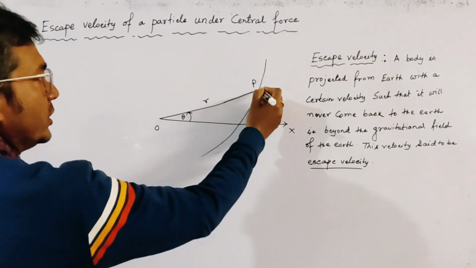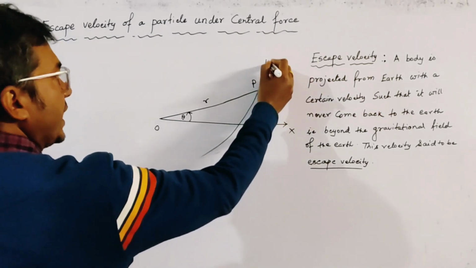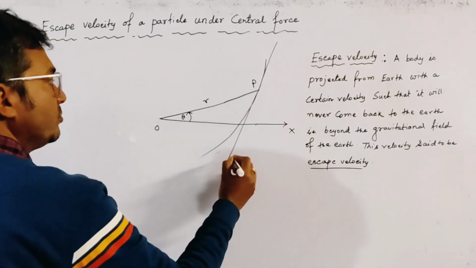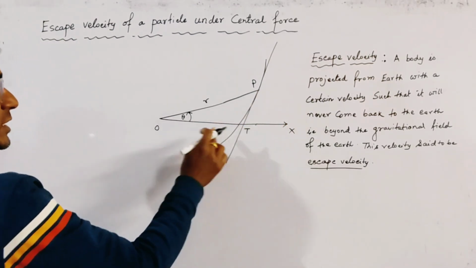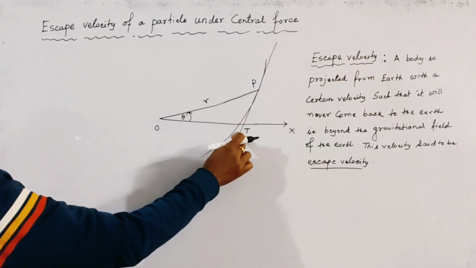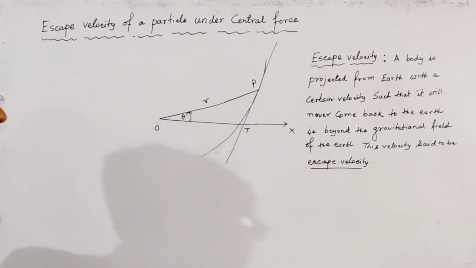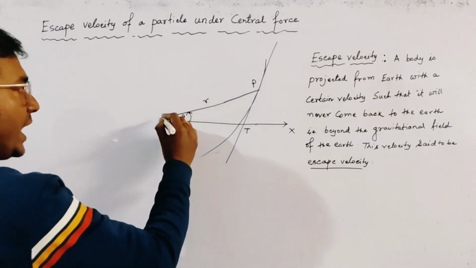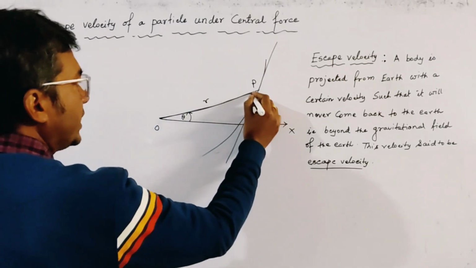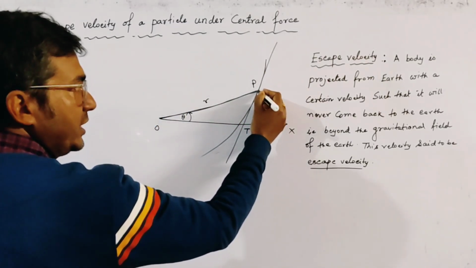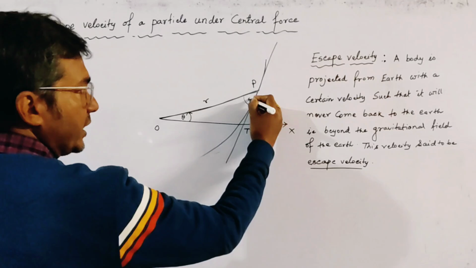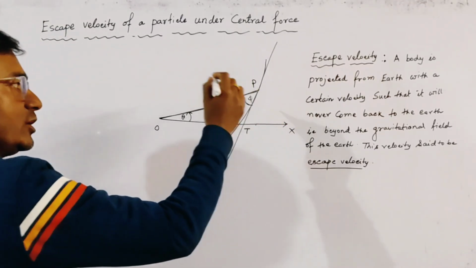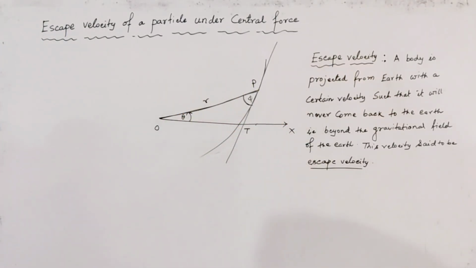We draw a tangent at P, given by PT, which cuts the initial line. From differential calculus we know that the angle between the radius vector and the tangent at P is phi.